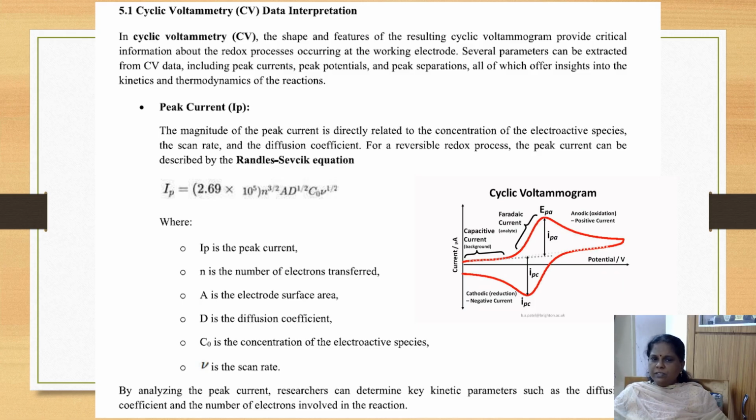So it depends on the scan rate too. By analyzing the peak current, researchers can determine key kinetic parameters such as the diffusion coefficient and the number of electrons involved in the reactions.